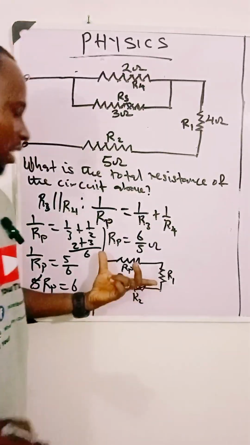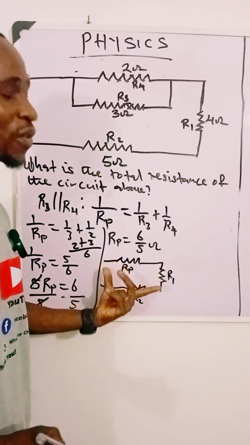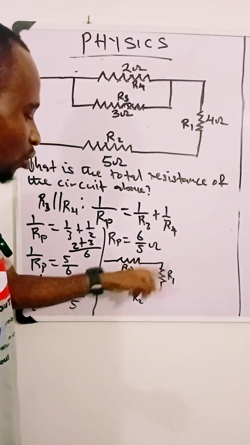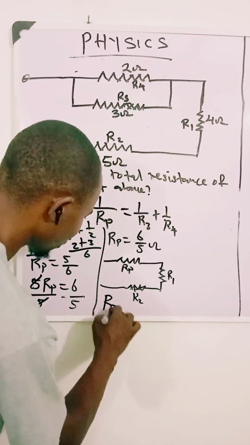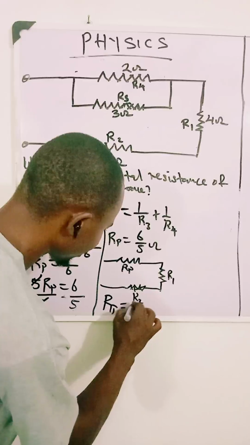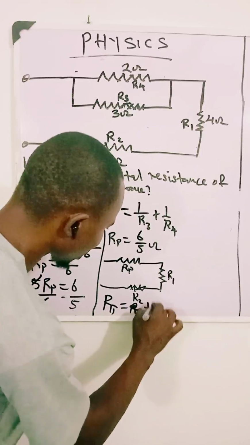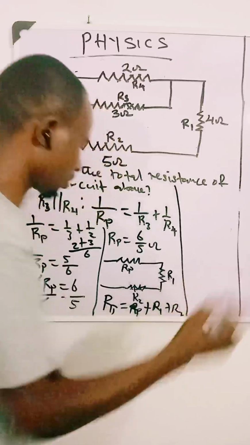You notice that they are in series now. So what is the principle of resistance in series? I will just add everything together. So R total now is going to be RP plus R1 plus R2.